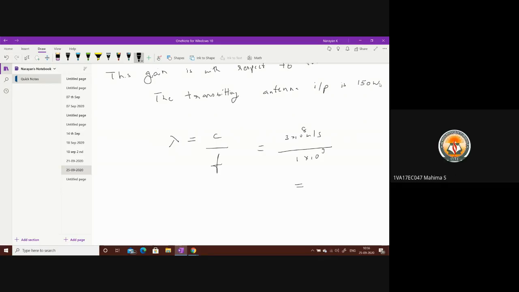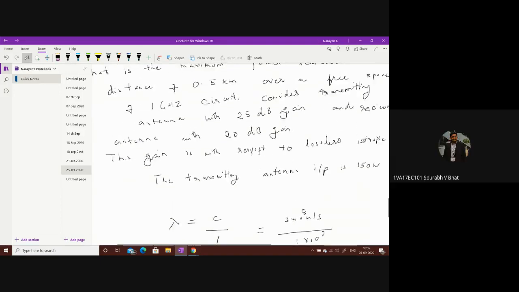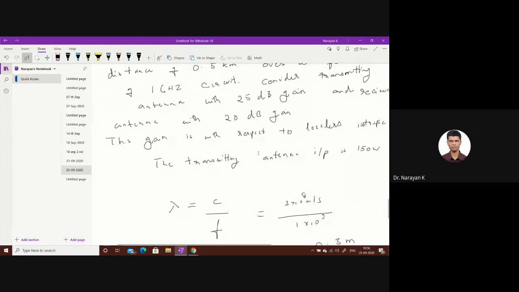So this is approximately the length of the antenna. If it is a lambda by 2 dipole, what will be the length? Lambda is 0.3, so lambda by 2 is 0.15. As simple as that.